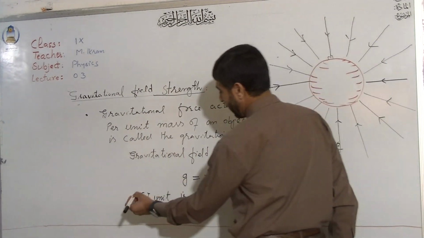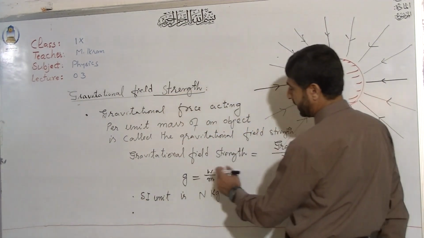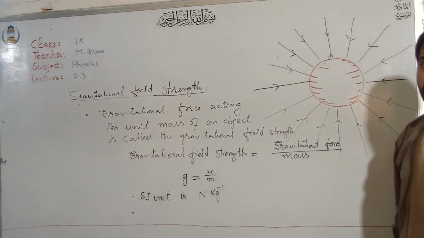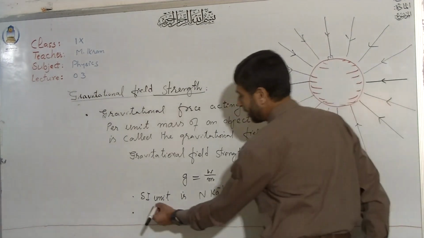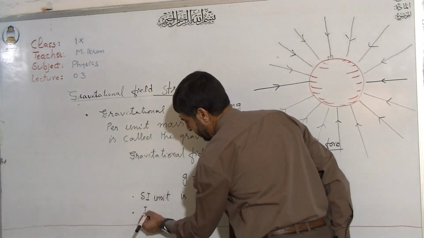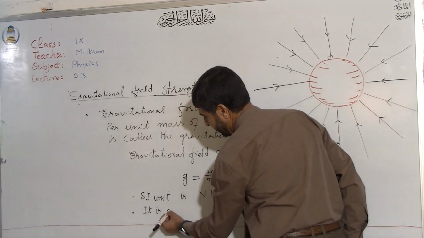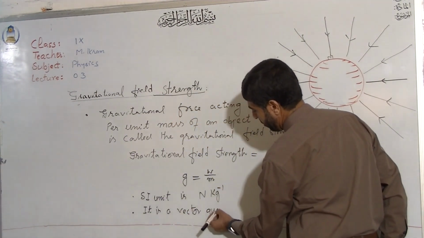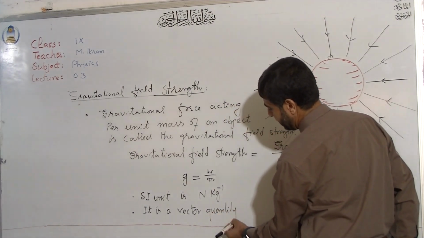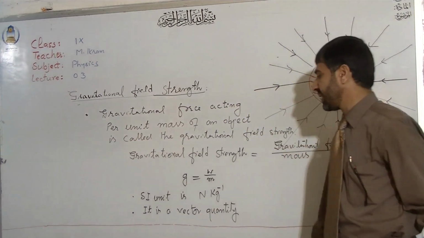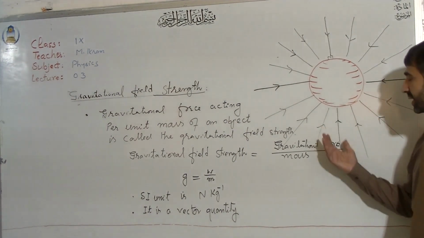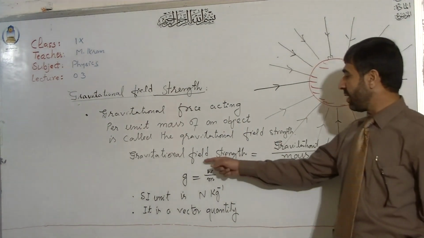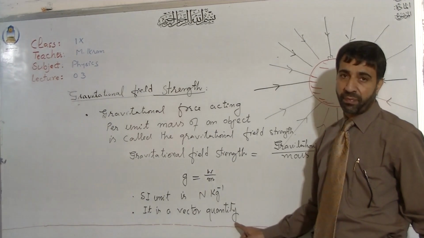If you see the nature of this gravitational field strength, it is a vector quantity, remember. So it has a direction, and that direction, if you consider it for the Earth, is always directed towards the center of the Earth.